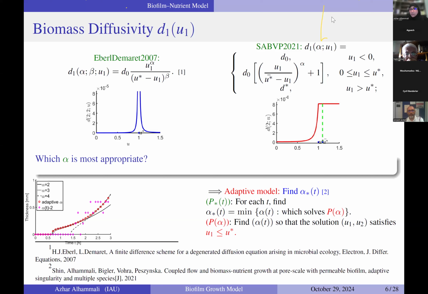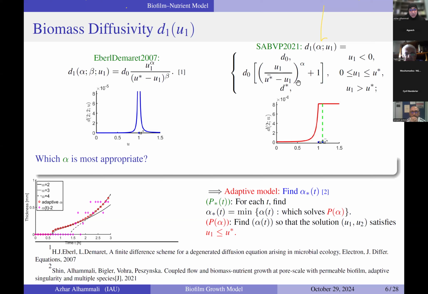So what's your question again? If U star equals U1, you could divide by 0 in the expression. There is a singularity. So if U1 equals U star, you mean?